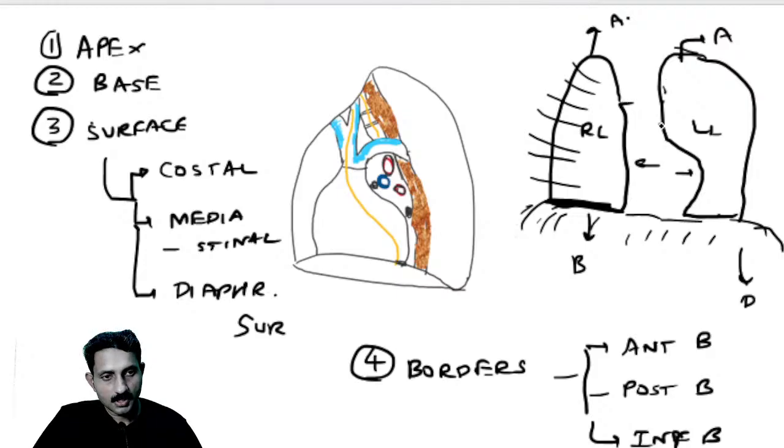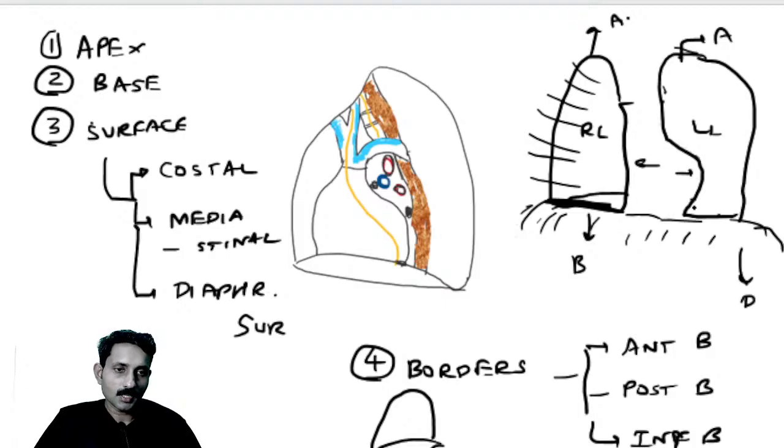The sharp edge of the lung is called the anterior border, and we got a posterior border. We cannot see the posterior border. Posterior border will be on the back. Okay, so that border is called the posterior border, and this border of the lung which is present here, which is related to the diaphragmatic surface, this is called the inferior border of the lung.